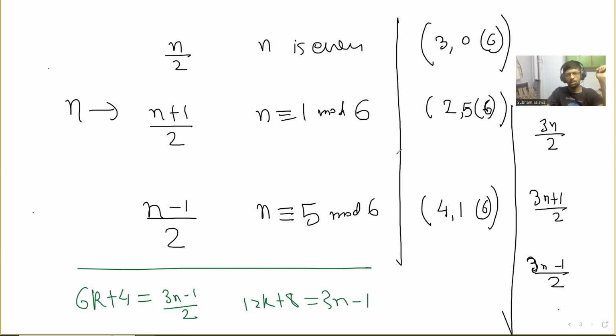So n is 0 and 4 mod 6 is taken care of by this, when you say n is even. Oh right, 6k plus 2 is also there. But 6k plus 3 is not there. So it doesn't work.